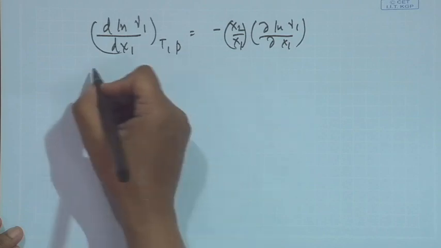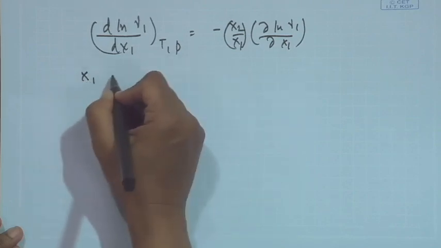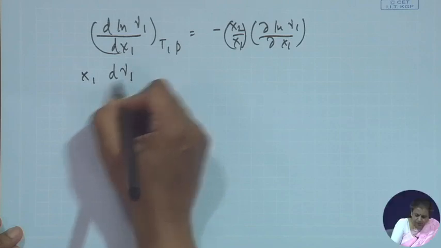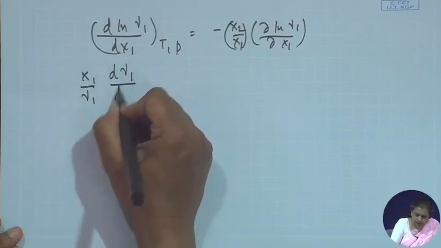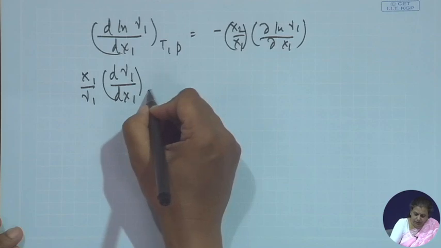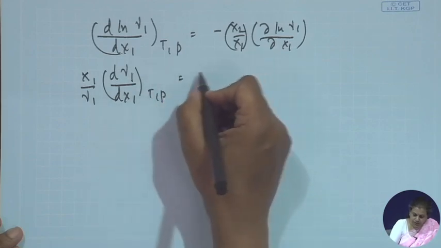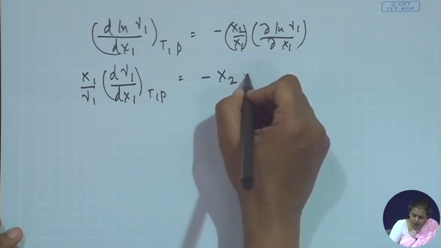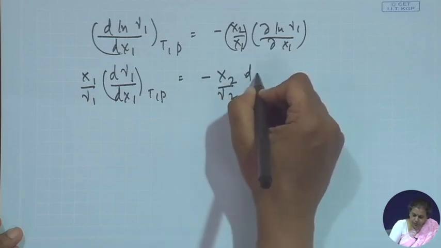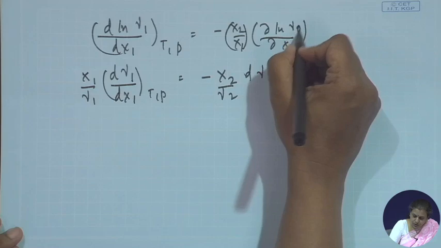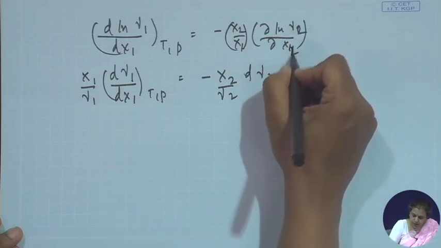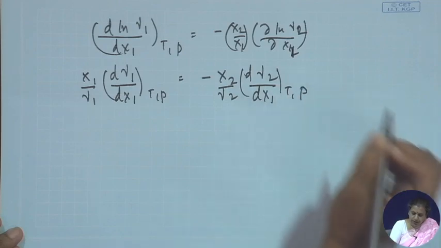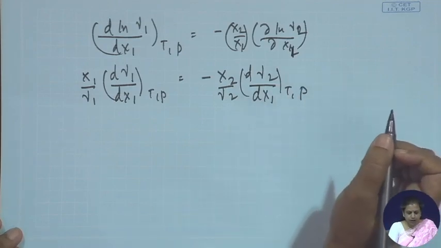Or in other words, can I not write it as x1 by gamma 1 d gamma 1 dx1 equal to minus x2 by gamma 2 d gamma 2 dx1? Sorry, these are all gamma. Can I not write it in this particular form?